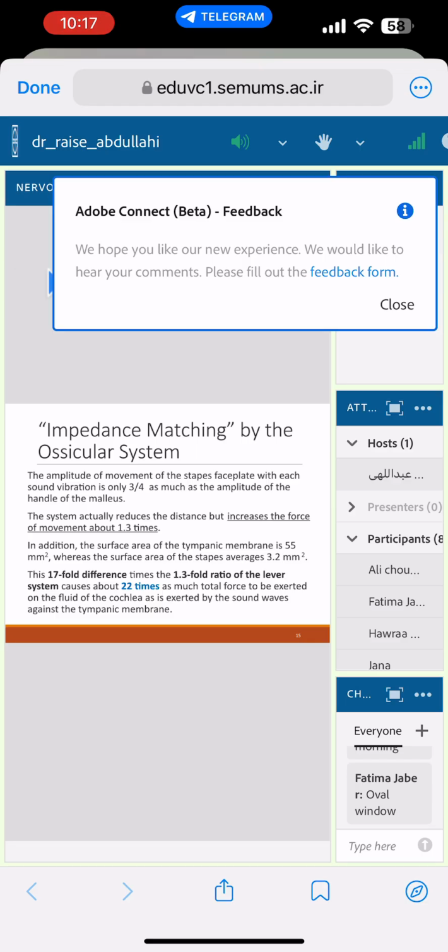In addition, the surface area of the tympanic membrane is 55 square millimeters, whereas the surface area of the stapes averages 3.2 square millimeters.